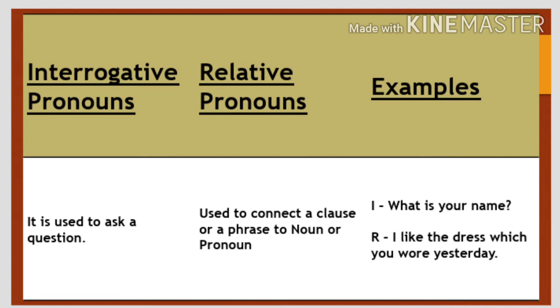Example, in interrogative pronouns, we directly ask a question, what is your name? But in relative pronouns, it is, I like the dress which you wore yesterday. Here, which is used to connect noun to the clause.